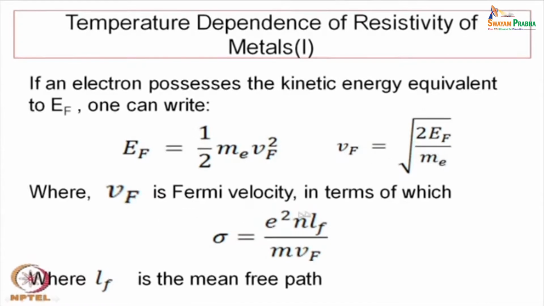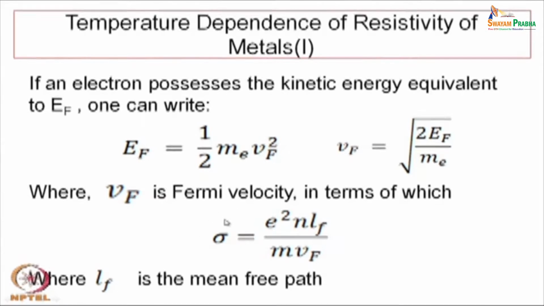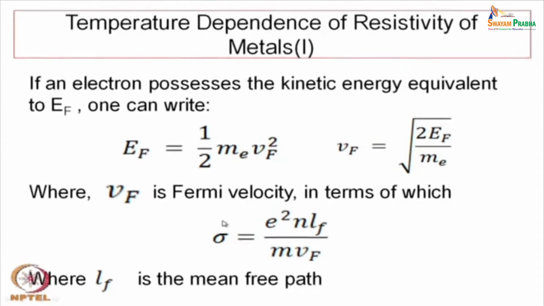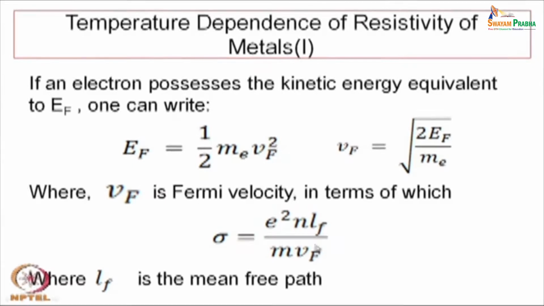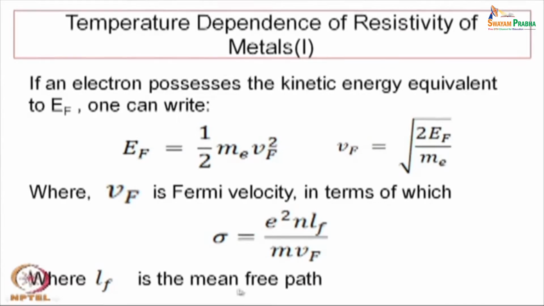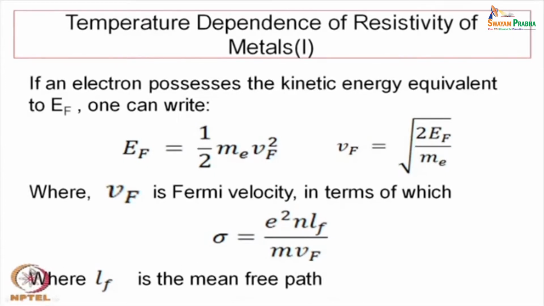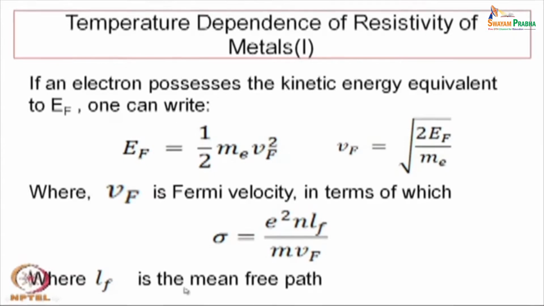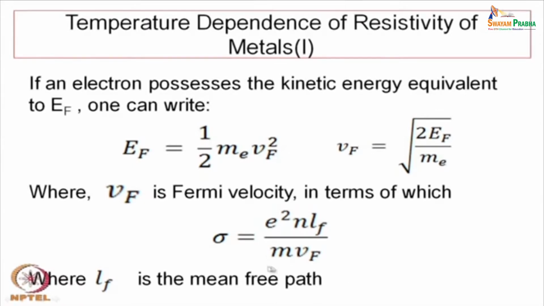V f is the Fermi velocity, in terms of which sigma, the conductivity, is expressed, because there is always a velocity term in the conductivity. So, it becomes e square n L f by m V f, where L f is the mean free path. Again, some kind of collision has been assumed, but what exactly it means need not be understood.